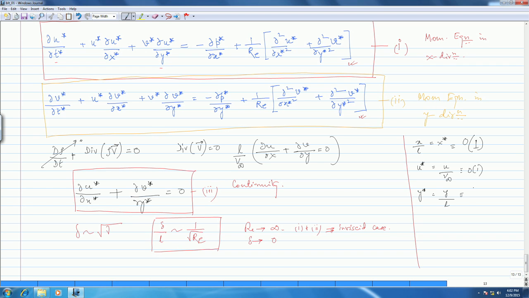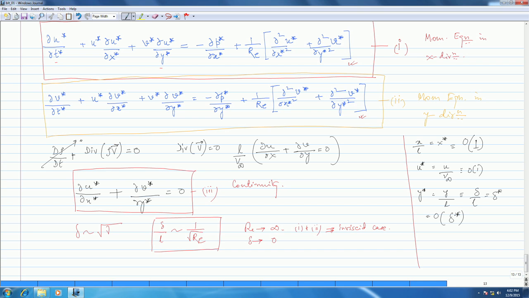The way to look at this is what is the maximum value of y that we should be looking for, because we are trying to study the boundary layer. The maximum would be delta, so delta by L is delta star. So y star is of the order delta star.